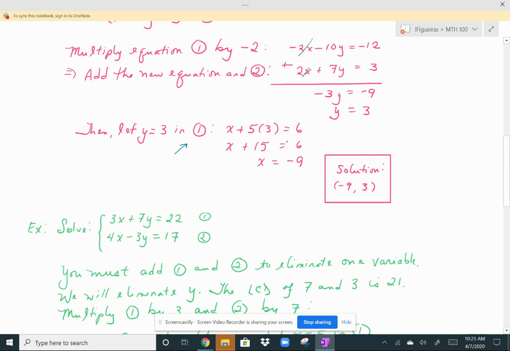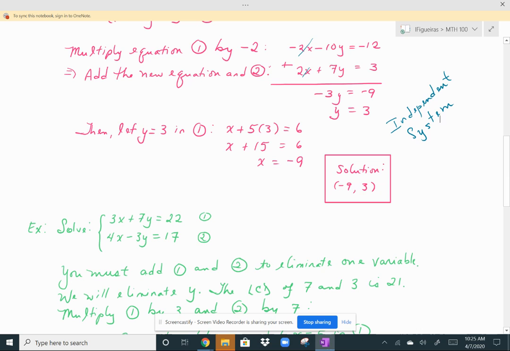So that's x plus 15 equals 6. Subtract 15 from both sides, and you get x equals negative 9. So our solution is negative 9, 3, and this is again another independent system. Whenever you get a single x and a single y value, that's considered to be an independent system.